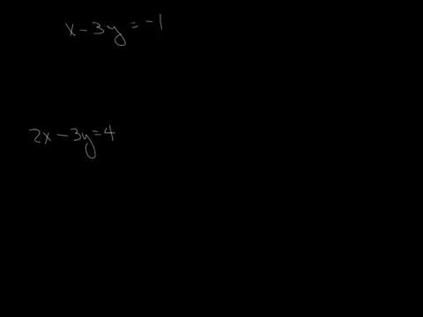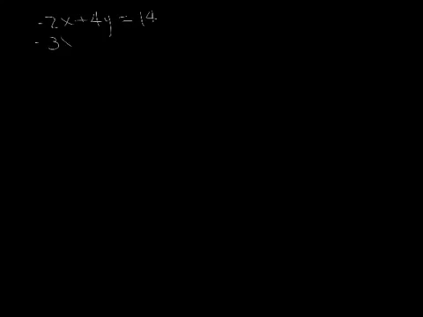Alright, let's jump to example number 4. There are 6 examples total, so we're getting there. Negative 2x plus 4y equals 14. Alright, now I look and say, which one looks the easiest?